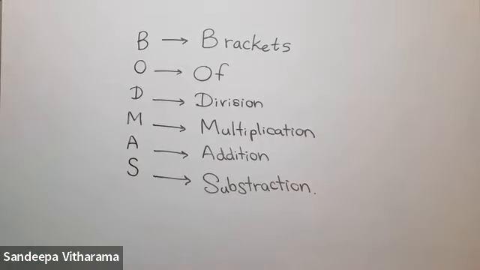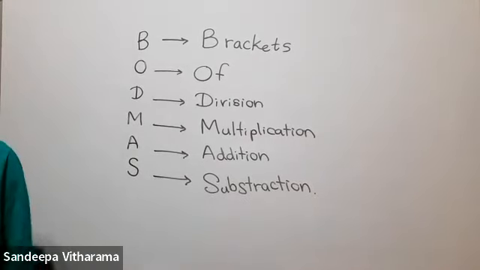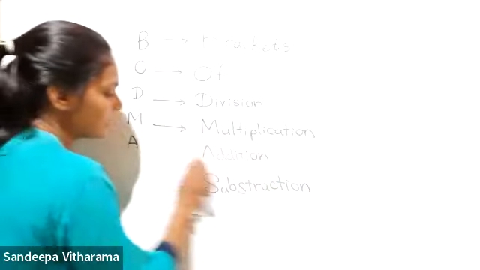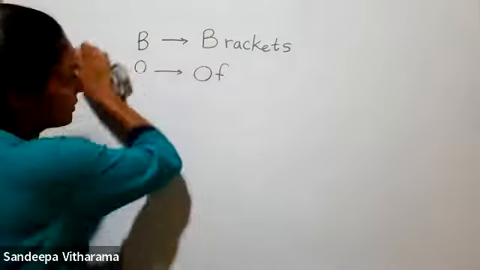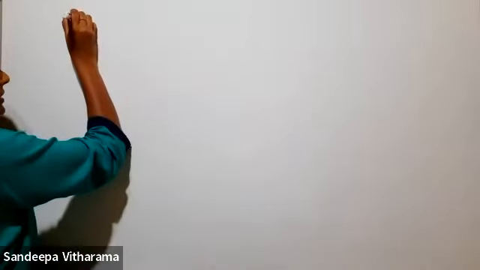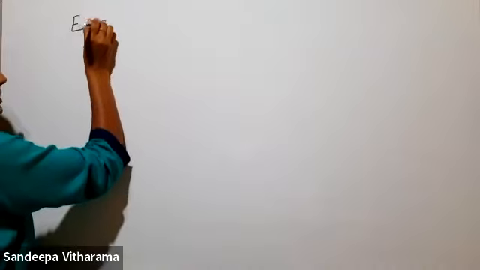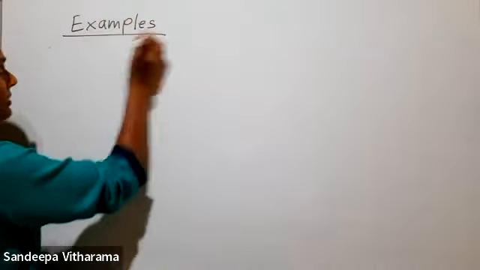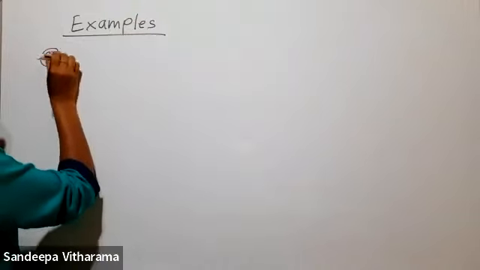Okay, now here I will show you some examples of how we solve a question which is given with more than one operation, with the rule of BODMAS. Okay, then write the first example. First one here.